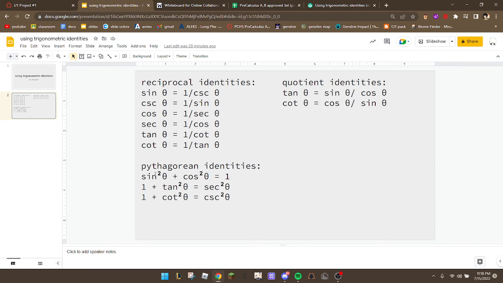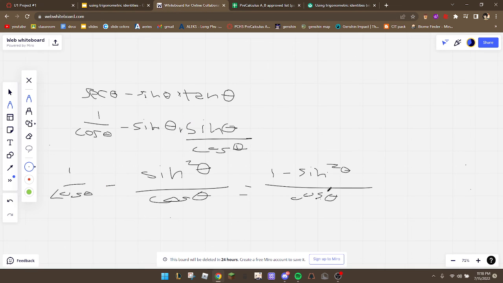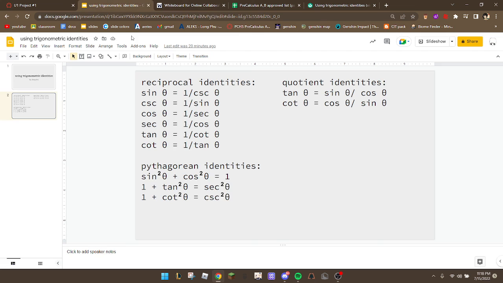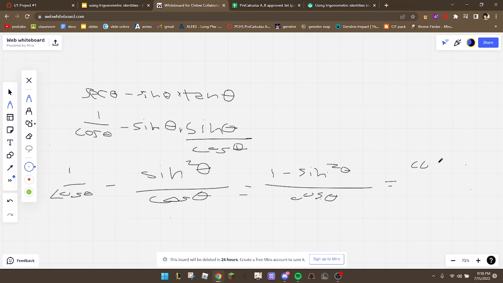And if we refer to the Pythagorean identity again, that would equal cosine squared theta over cosine theta. And that would leave us with just cosine theta.